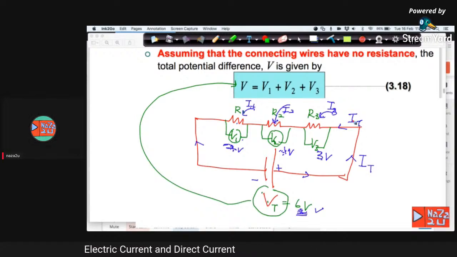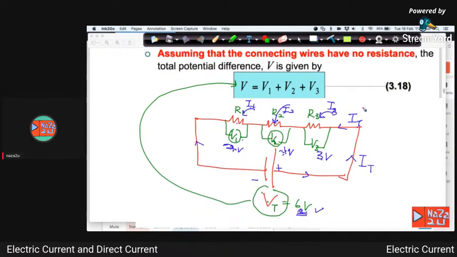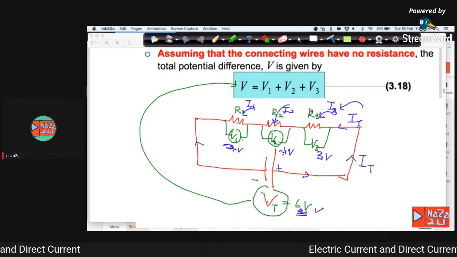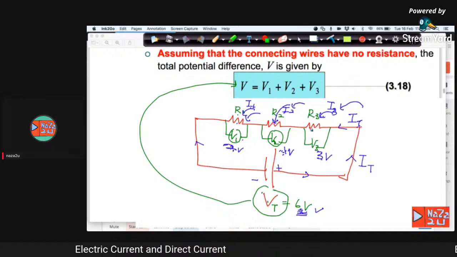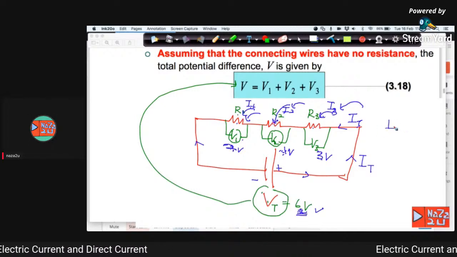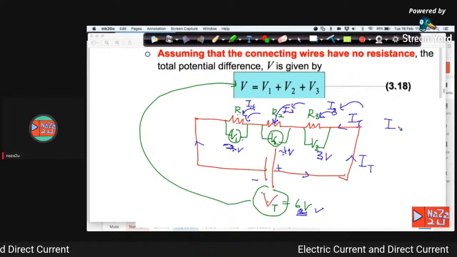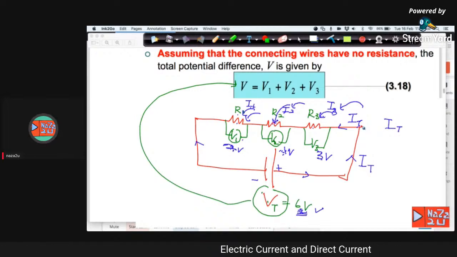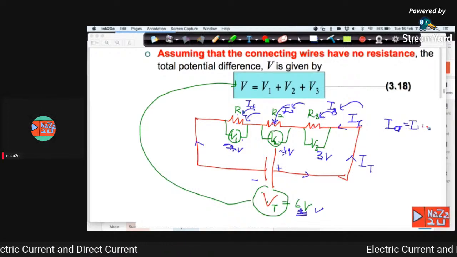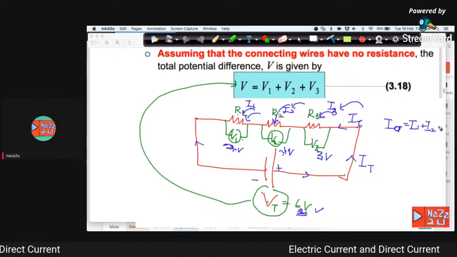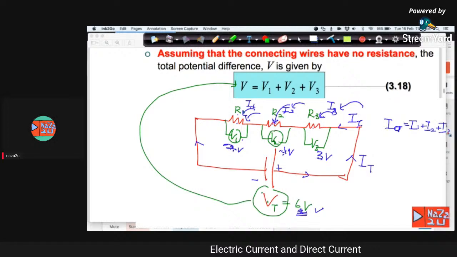So meaning here, the current flow in resistor 1, resistor 2, and resistor 3, R1, R2 and R3, is the same magnitude. So I yang masuk or I total or initial I pemula is equal to I1 is equal to I2 is equal to I3.